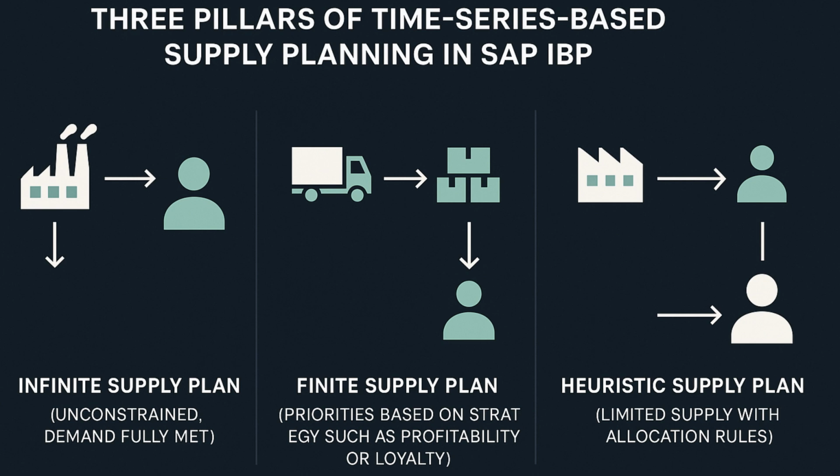This is only a high level introduction, but it already shows how IBP transforms supply planning from a routine scheduling activity into a strategic decision making process. As we move forward, we will dive deeper into each of these pillars, explore how they are configured, and see examples of how they play out in real business environments.